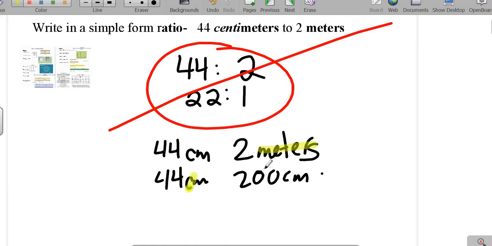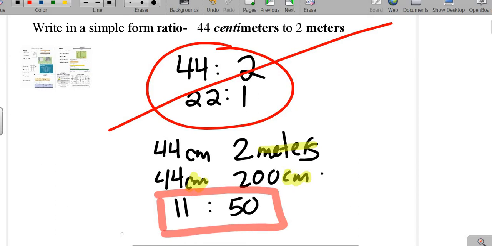Now that you have the same unit, now you can reduce. 4 goes in there 11 times. 4 goes in there 50 times. So your actual correct ratio in this case is 11 to 50.